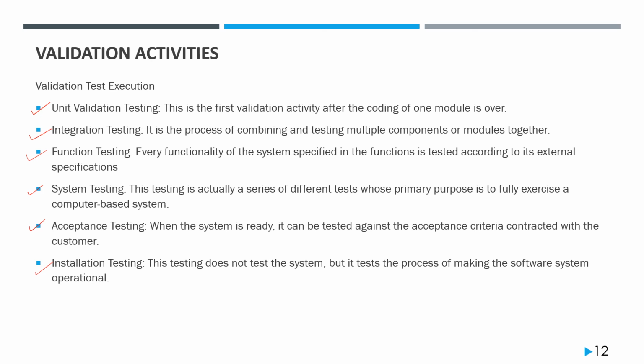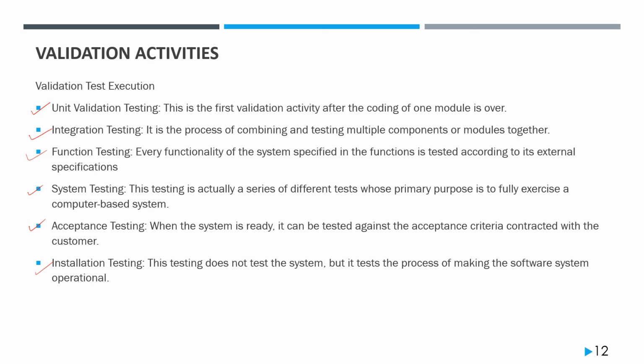Verification is performed at every stage of SDLC, uncovering more and more bugs during earlier stages. Verification activities are verification of requirements and objectives, verification of high level design, verification of low level design, verification of coding, that is unit verification.